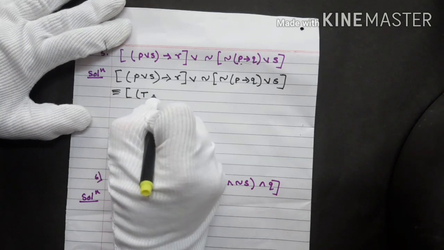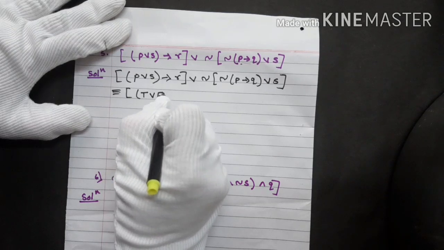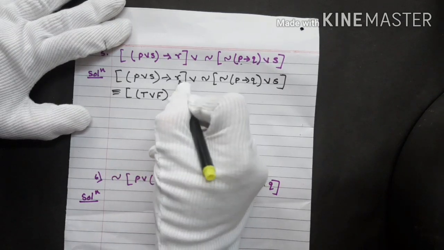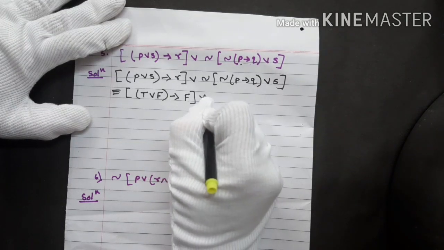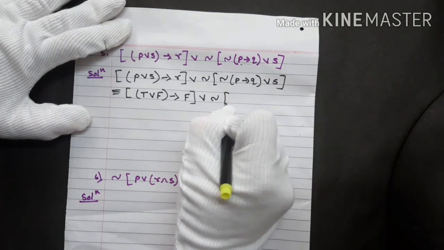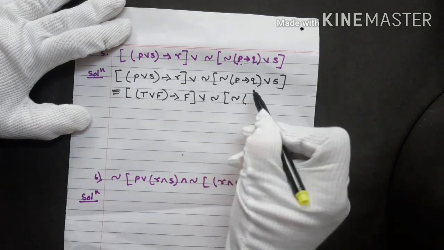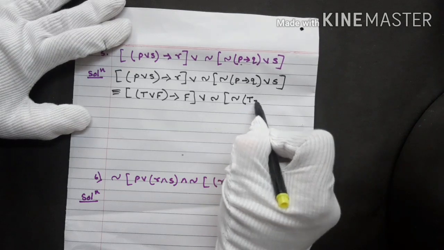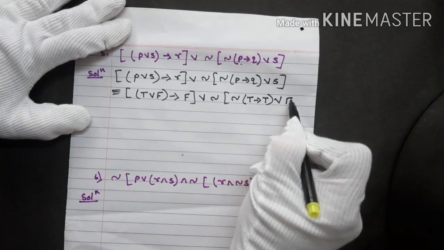P is true, S is false. So F implies R is also false, or into bracket negation P, that is true, implies true or false.